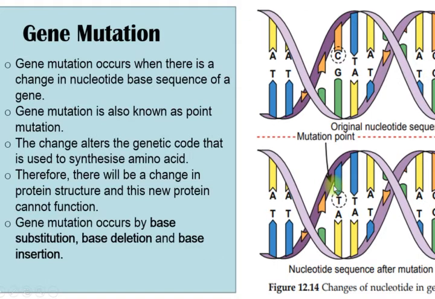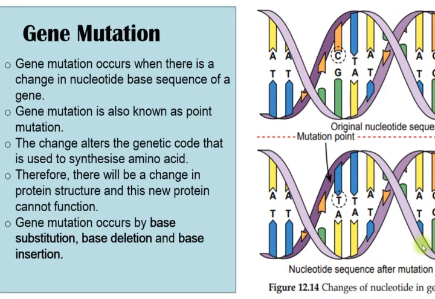So this is referred to the gene mutation. What happened here? CTAGAT. So these are referred to the nitrogenous bases. So this is referred to the DNA. So this is referred to the nucleotide. So what happened here when the mutation occurs? At the C here, do you still remember what is C?